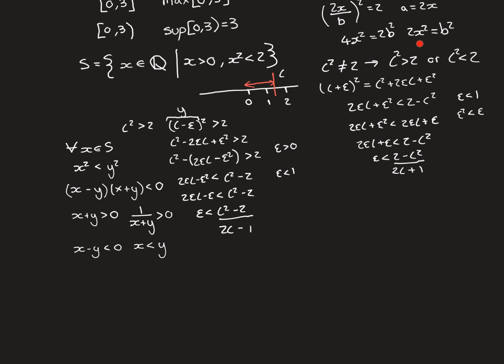We've shown that both of these possibilities cannot be the case, because if they were, you can always find a slightly different number, in this case slightly bigger, in this case slightly smaller, that contradicts it being either an upper bound or the least upper bound. So this set has no least upper bound in the rational numbers.